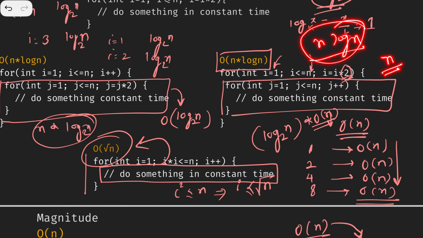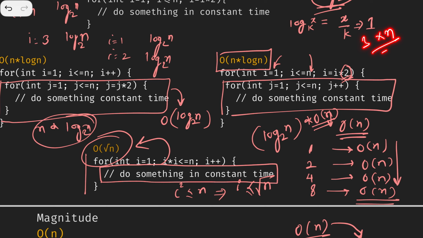Why is that? See, remember the definition of the time complexity. It estimates the total time code is going to take in terms of the input. In 3 into n, we are removing this 3 because it is independent of the value of n. If the value of n is 10, well, 3 remains 3. If the value of n goes to 100, it's not going to get increased, it's still 3. But here log n will change its value based on the value of n, correct?